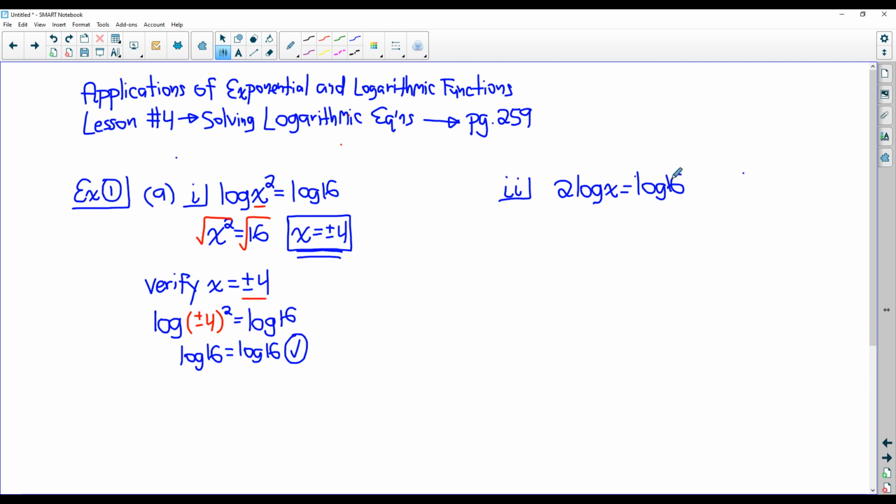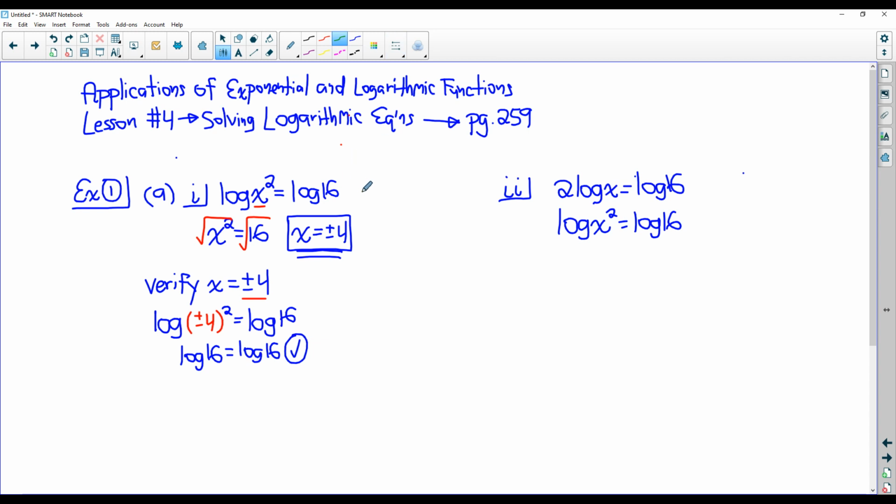If I want to be able to set the two arguments equal to each other, I cannot have a coefficient in front of this log. So what I need to do is use the power rule to bring this coefficient up to the exponent of this argument. If you do that, you then have log of x squared is equal to log of 16.